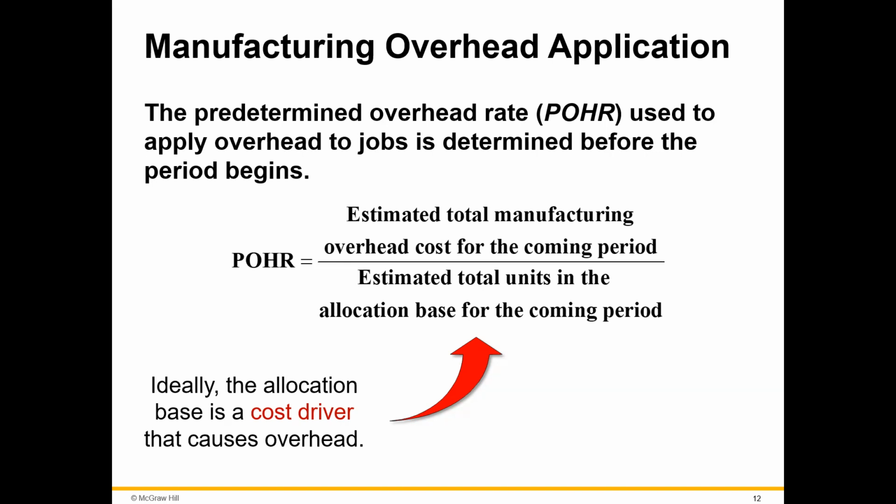Then for all of the months, all of the periods, when you finish any job, continuing to use job order costing, because the jobs can be finished at any time point, not really at the end of the month, when any job is finished at any point in time, we can apply this predetermined overhead rate to the total allocation base that the job consumed, like the direct labor hours used by each job, multiplied by this rate.